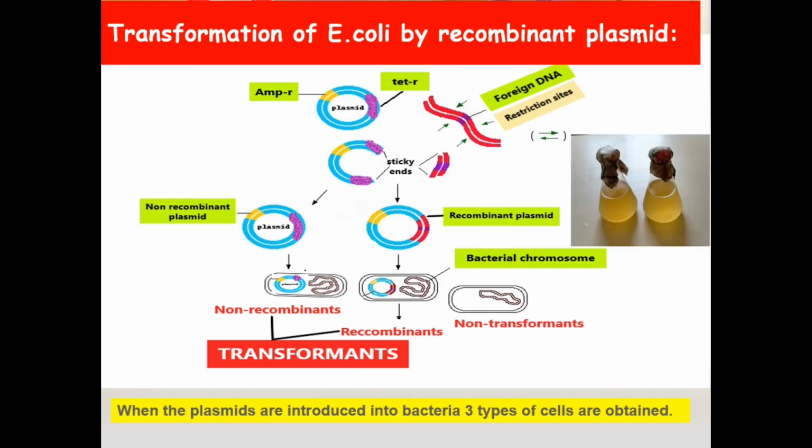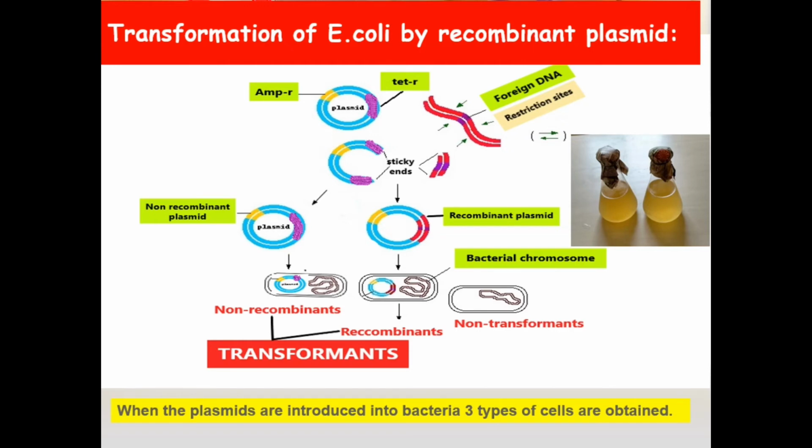This whole procedure is carried out in the liquid medium. So we have three types of cells: non-recombinant cells, which have only the plasmid, the gene of interest is not there; recombinant cells, which have the gene of interest, that is the recombinant plasmid; and non-transformants, which do not take up any DNA from the external medium.